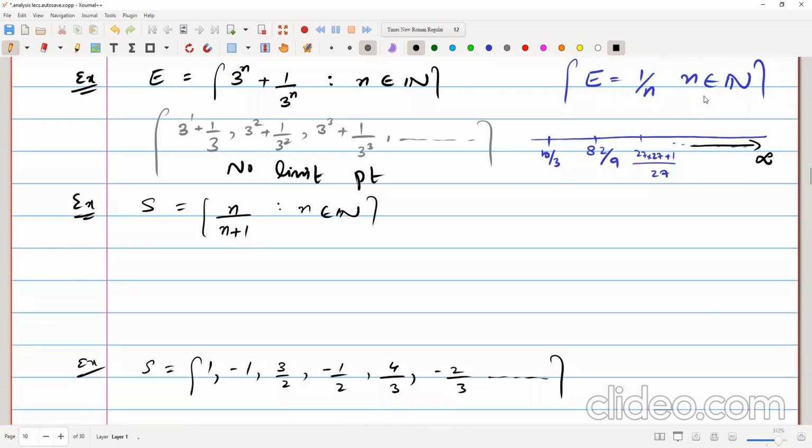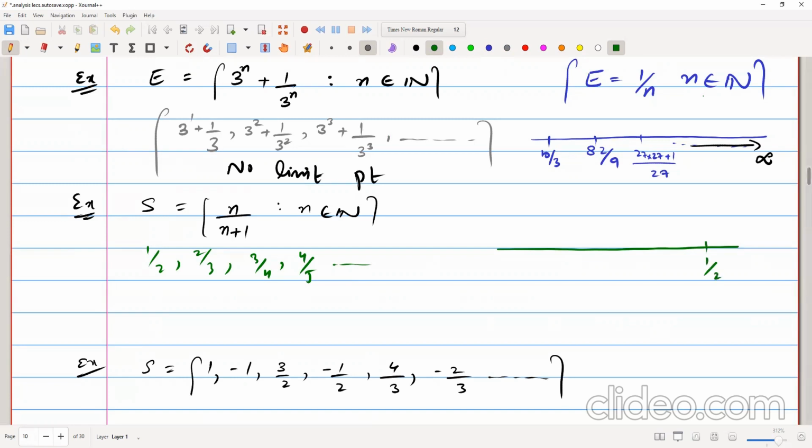All right, now let's talk about this set. Again, on the real line, we can draw this set. So first of all, it will be 1/2, 2/3, 3/4, 4/5, and so on.